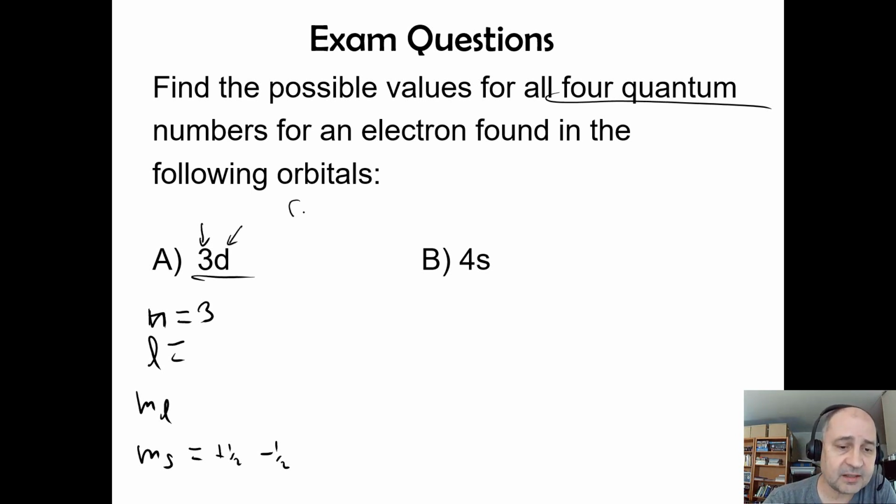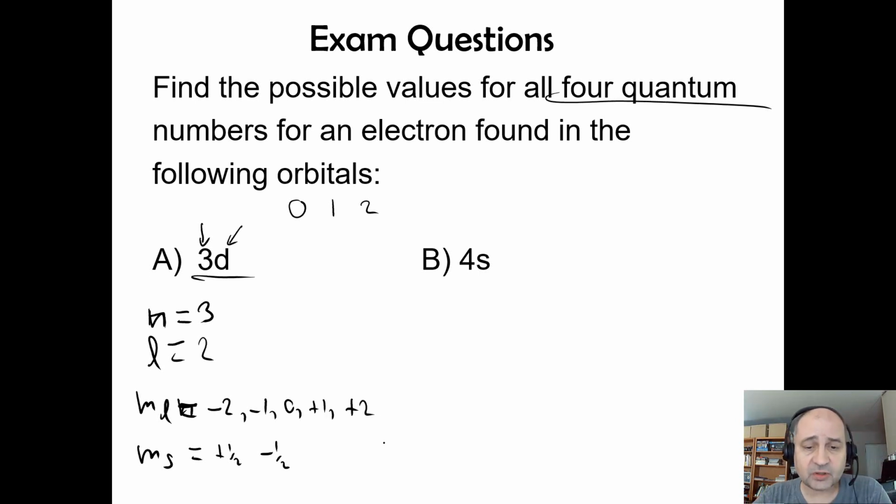Remember that s is 0, 1 is p, and 2 is d. So d is 2 here, or L is equal to 2, and then m sub L, we have to have 5 of them because we know d orbitals are 5. So we go -2, -1, 0, +1, and +2. Those are our 5. So that's easy.